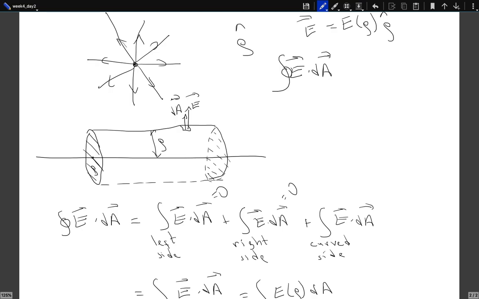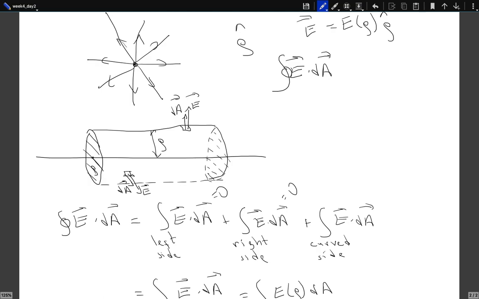If you imagine some other point, let's say over here, some other patch over here, the electric field at that point will be perpendicular to the surface. And the area vector will also be perpendicular to the surface. You see, at this point, this is the electric field, but this is also the direction of the dA vector. Again, the angle between the two is 0.